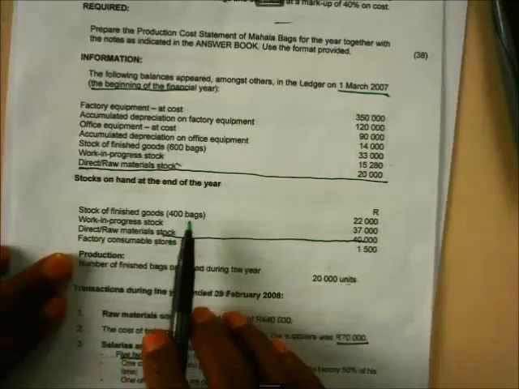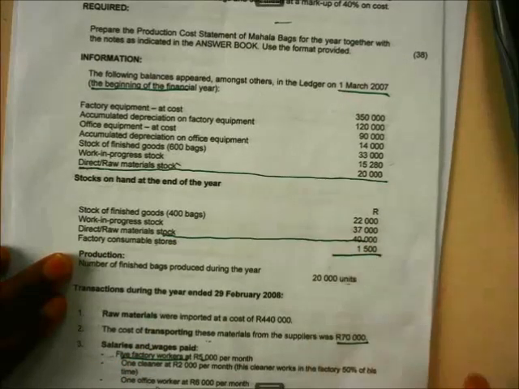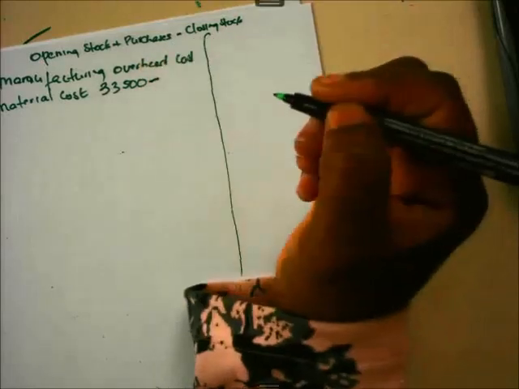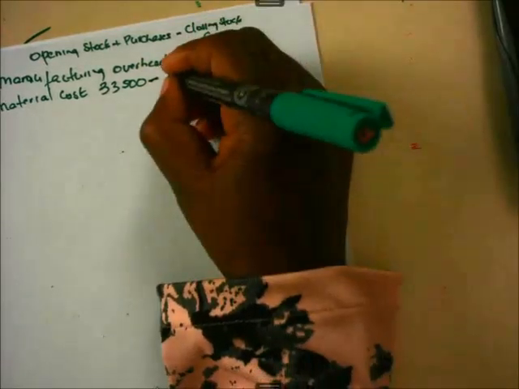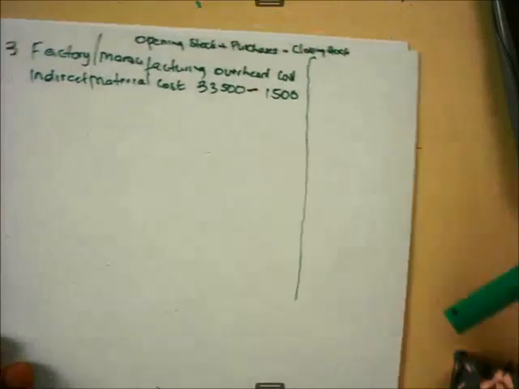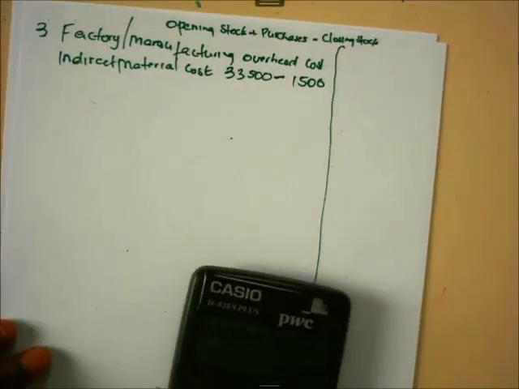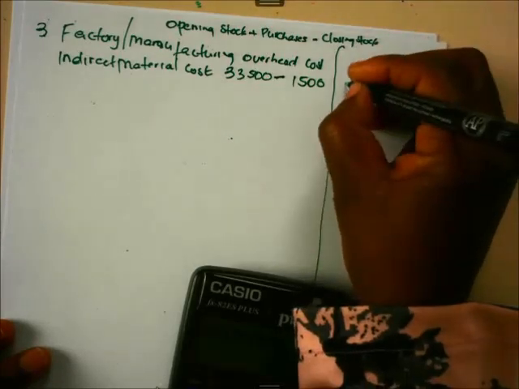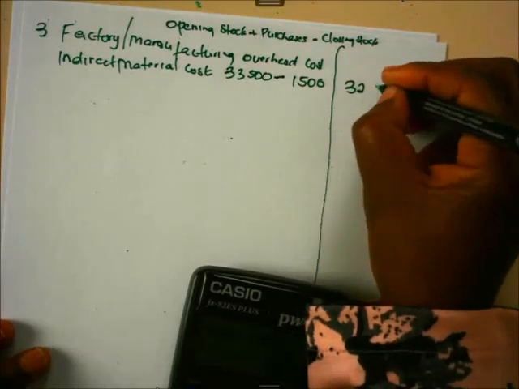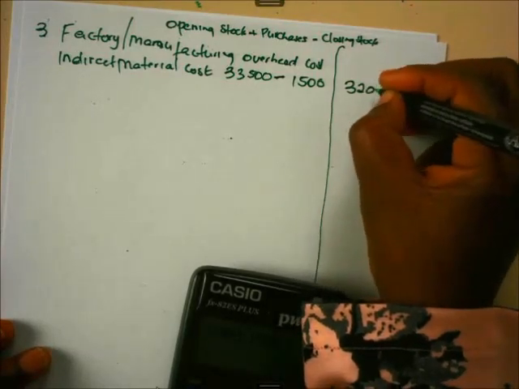Factory consumable stores on hand, 1,500. So we say purchases minus the closing stock of 1,500 to get the indirect material cost consumed during the period. 33,500 minus the closing stock of 1,500 to get the total indirect material consumed during the year, which is 32,000.